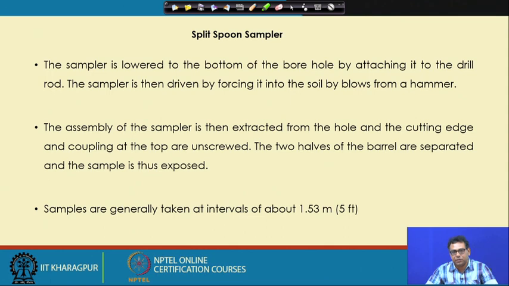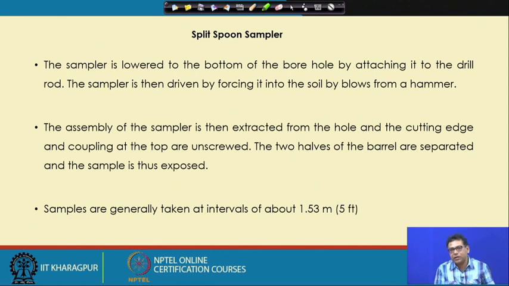The sampler tube penetrates into the soil and the soil sample is collected through the sampler tube. Then the sampler assembly is extracted from the hole, and the cutting edge and the coupling at the top are unscrewed. I will show what the coupling is. Then the two halves of the barrel are separated, the sample is exposed, and we collect the sample.